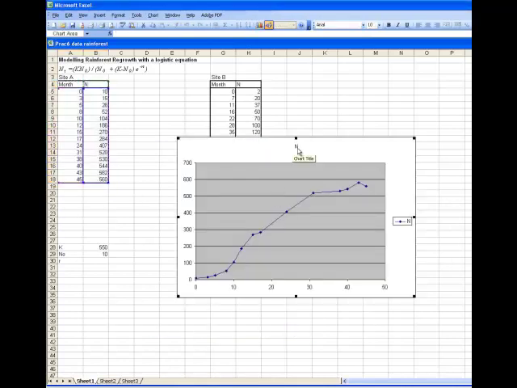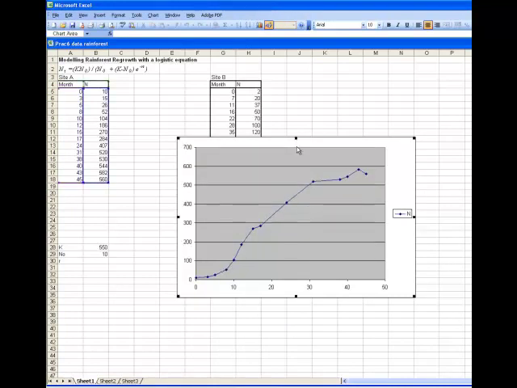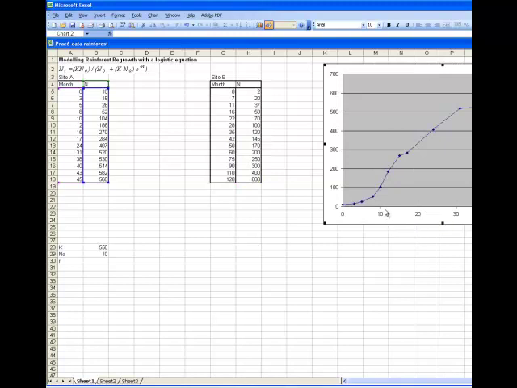So there's a scatter plot for Site A. And we need to also do the same for Site B.